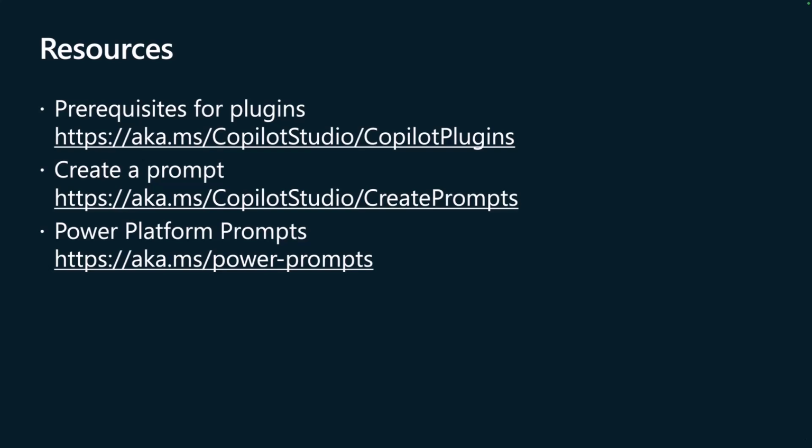And lastly, we also have the Power Platform prompts, the examples that I showed in this video, and you can find them at aka.ms/power-prompts. Thanks for watching this video, and remember, the links are in the description below.